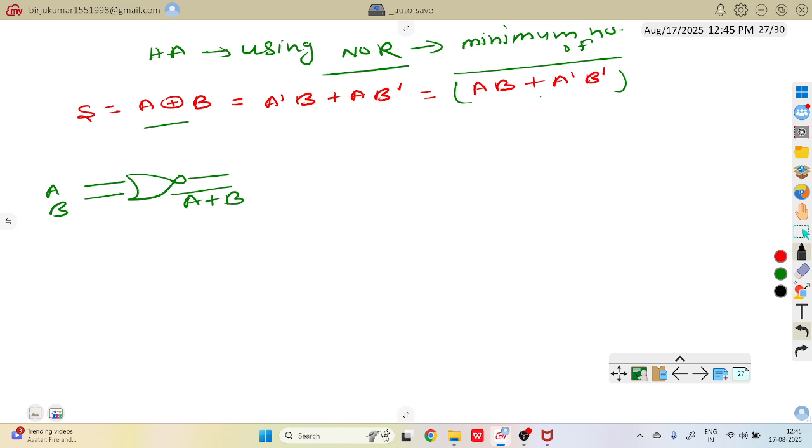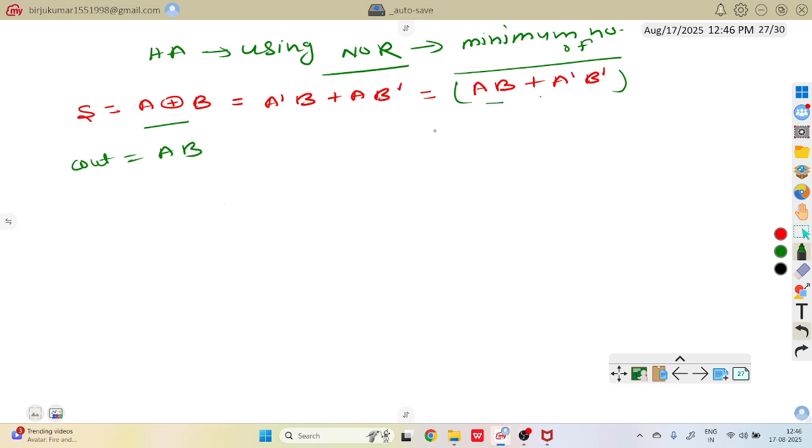So how can we design this circuit? I'm erasing this. You already know the logical symbol of the NOR gate. Firstly, I will design this AND, the carry. You know the carry expression is A and B. No issue. So how can we design AB?